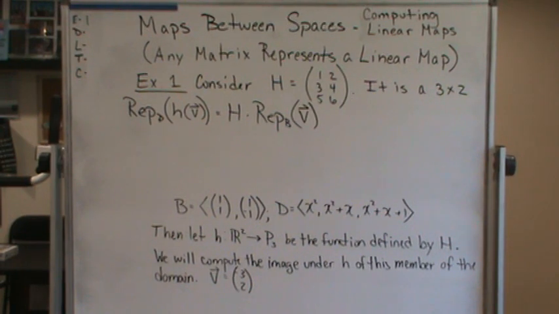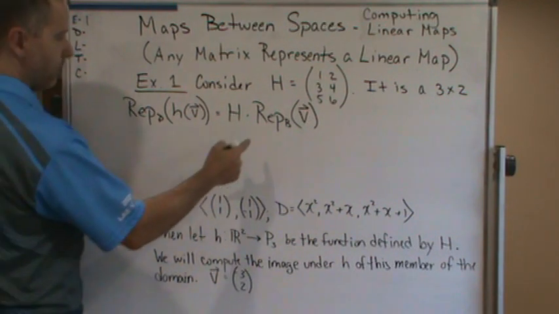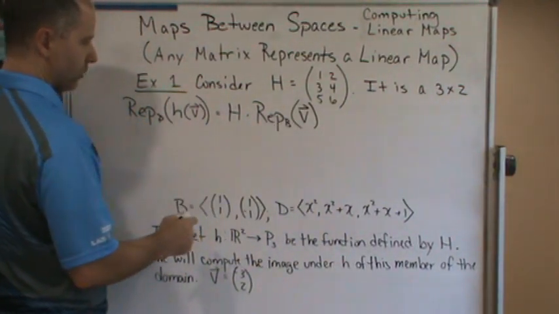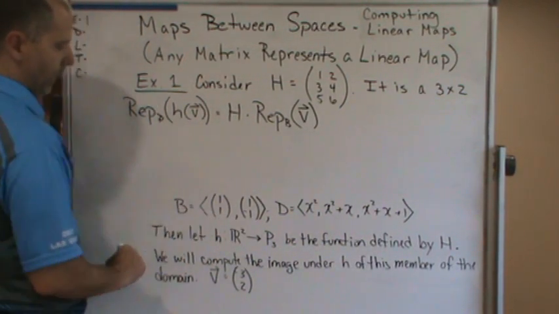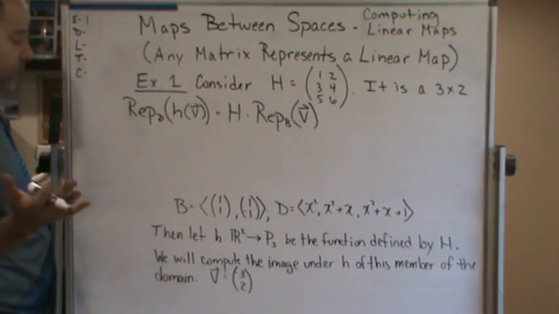So now we've got 3, 2. With respect to B, we've got to write this vector. We're going to take these basis vectors and find those coefficients.